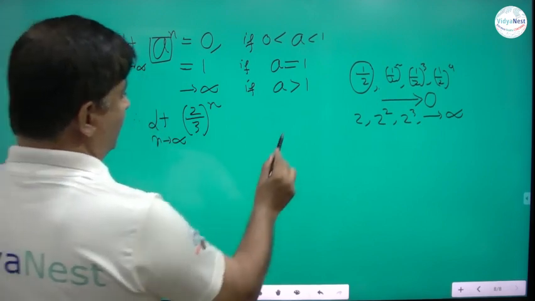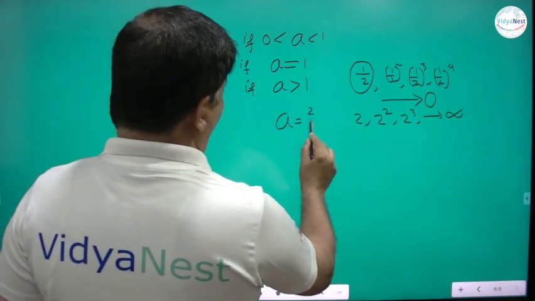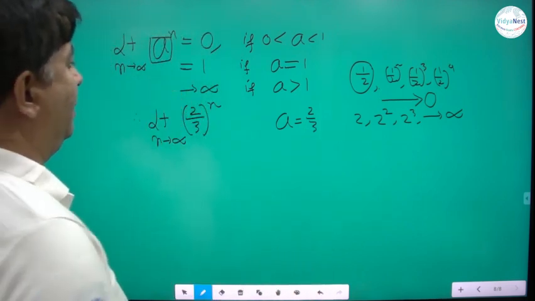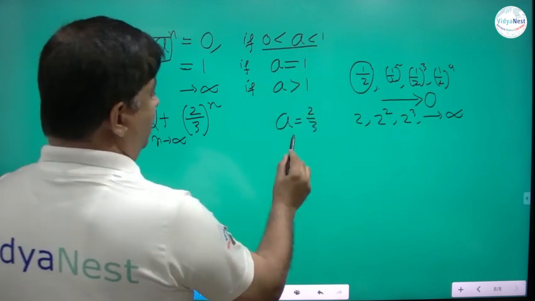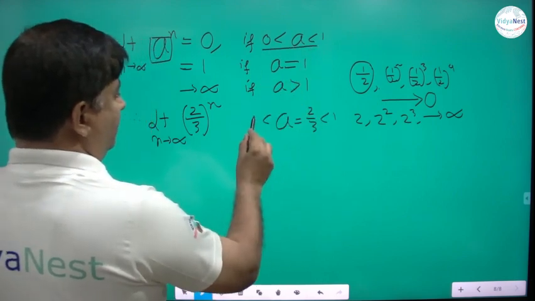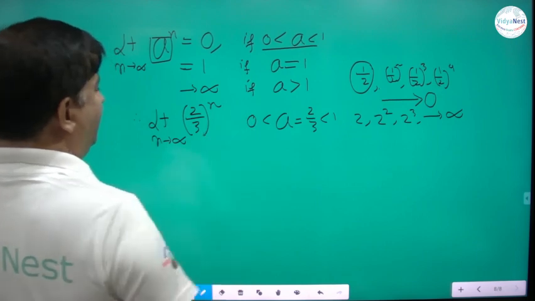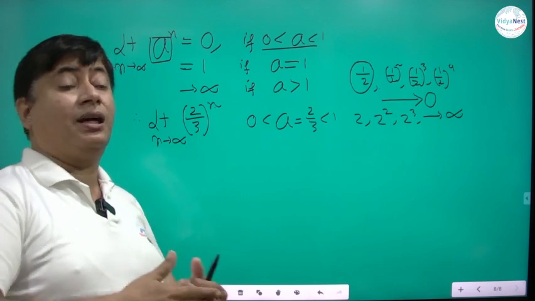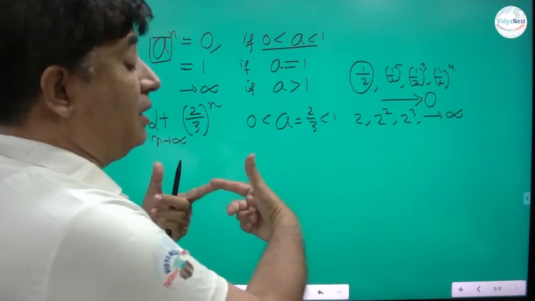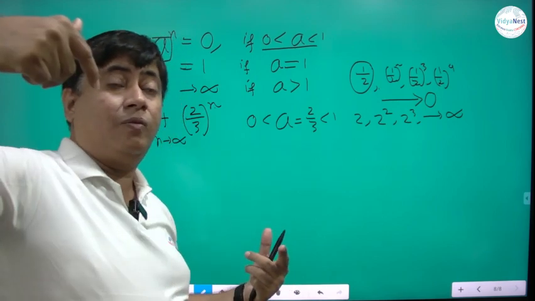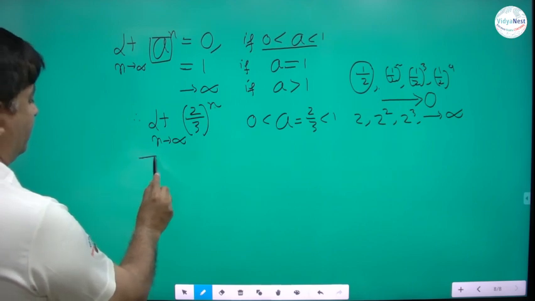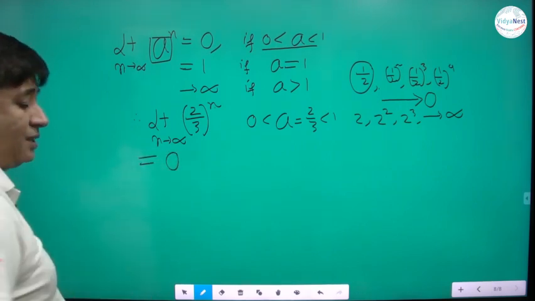A. A is 2 by 3, and that lies between 0 and 1. So if I put infinity, it is a proper fraction, it will start to reduce, and being reduced in this way, it will converge to 0. Yes or no? Understand?